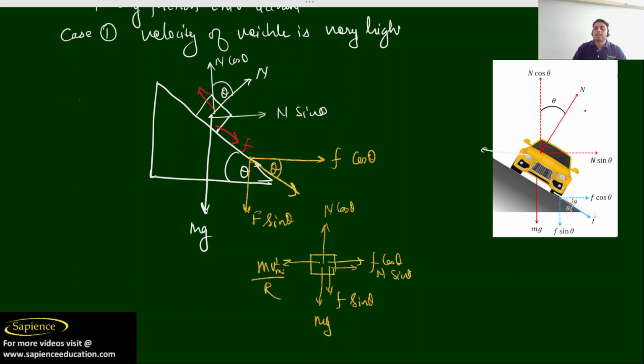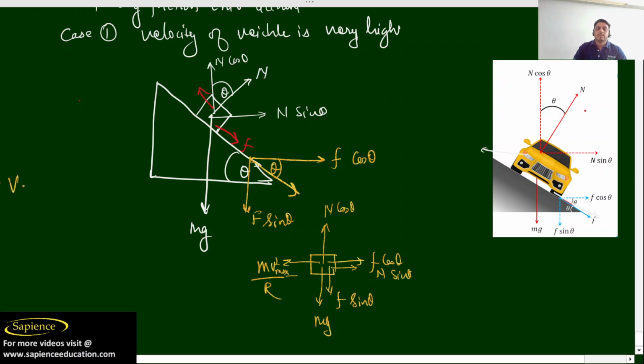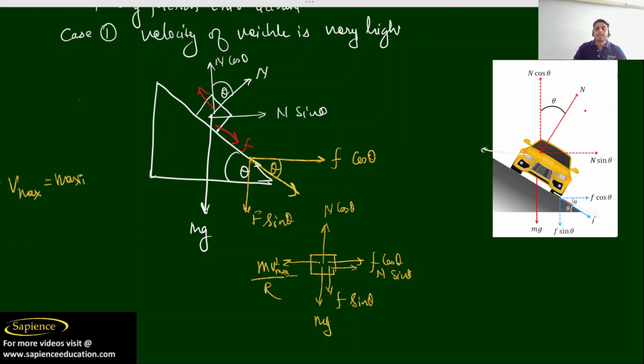So I can write here maximum velocity, v is your maximum, we are taking into account the maximum velocity. Okay, I hope you have all understood now.